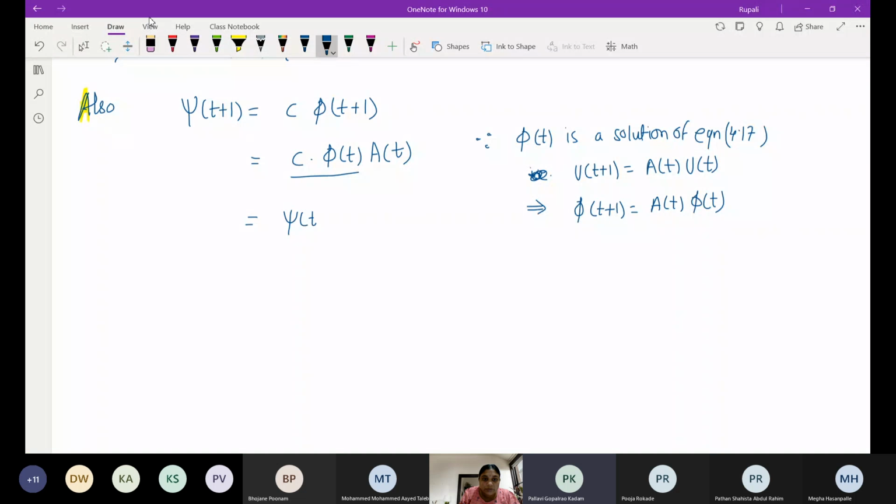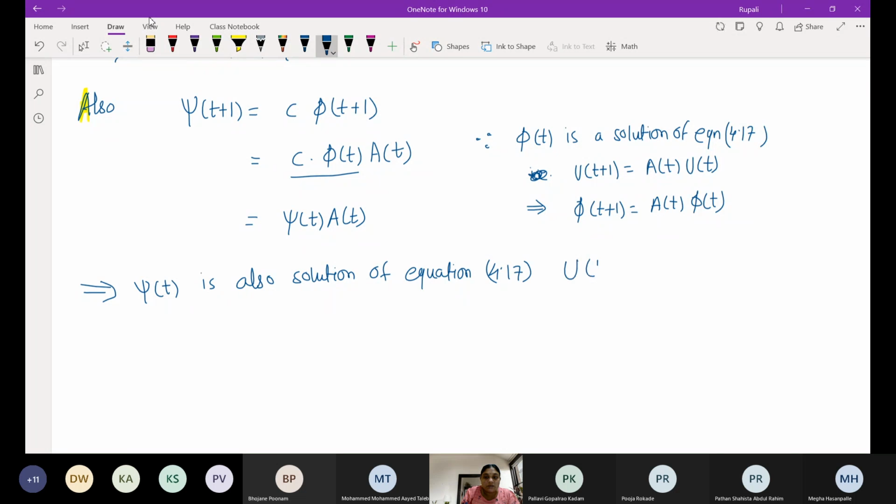So psi at t plus 1 is psi of t into a of t. So what does this imply? Psi t is also a solution of equation 4.17.